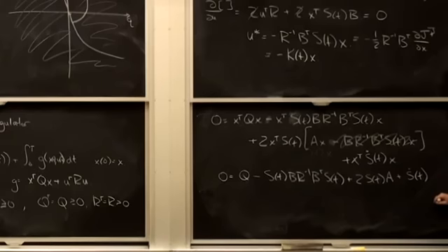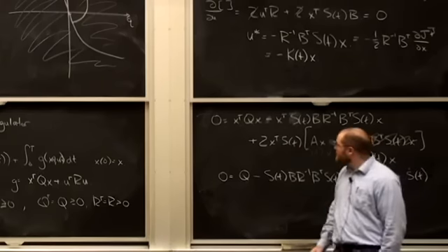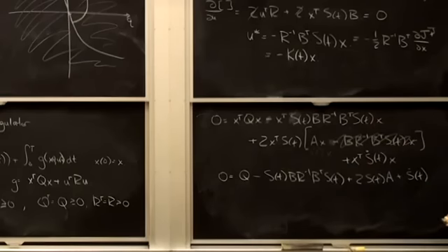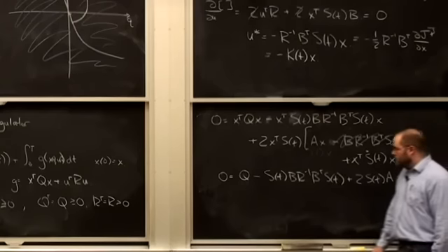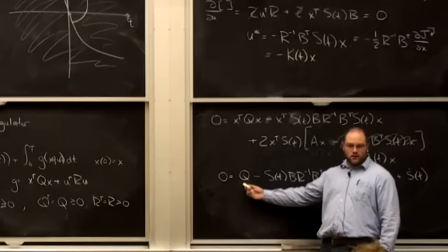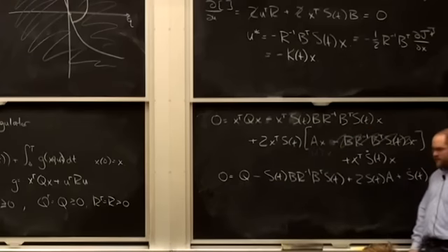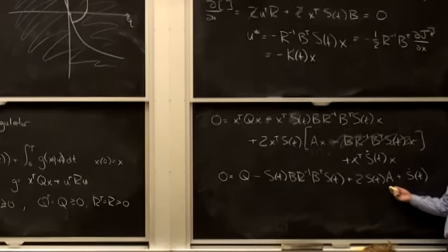Now I made some assumptions to get here. Remember what assumptions I made? The big one is that I guessed that form of the value function, and one of the things I guessed about it was that it was symmetric. So let's see if we're looking symmetric. Q we already said was symmetric. That's all good. So this is the one we have to worry about.